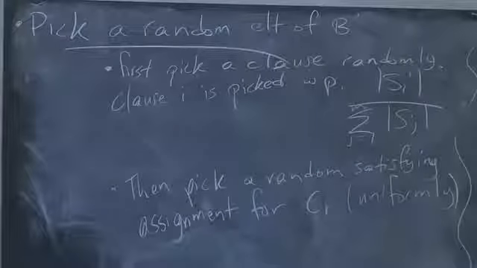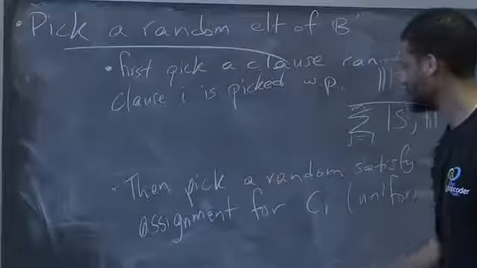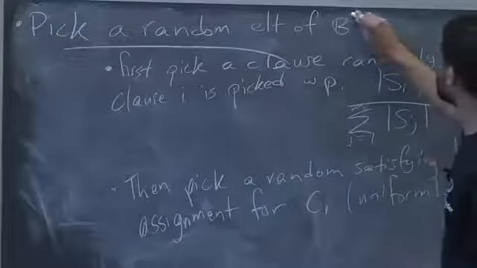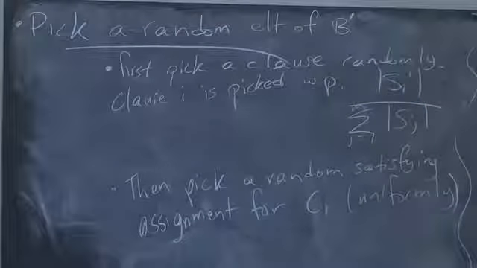So if you pick from B prime this way, then you will guarantee that the element you get is a uniformly random element from B prime.